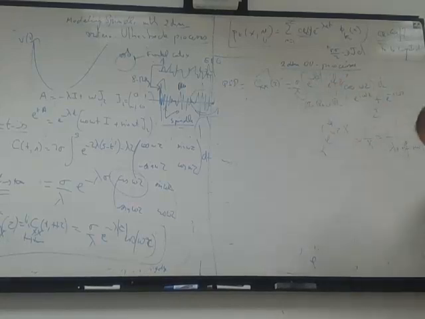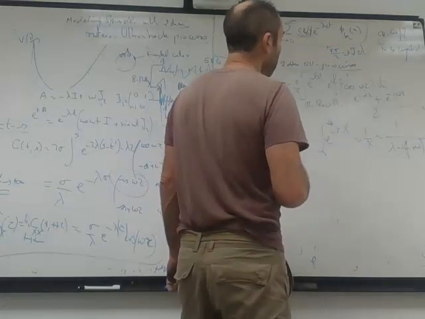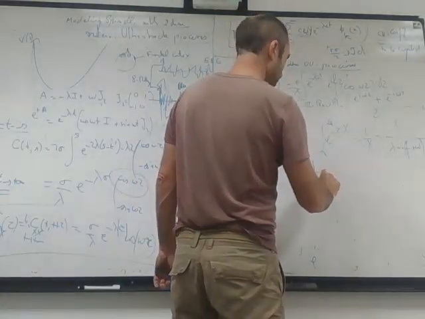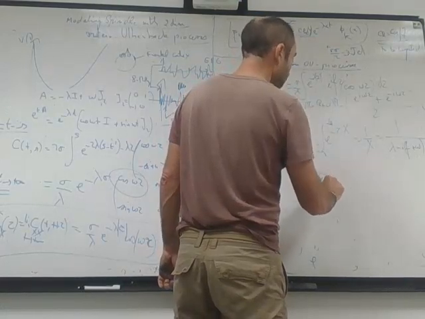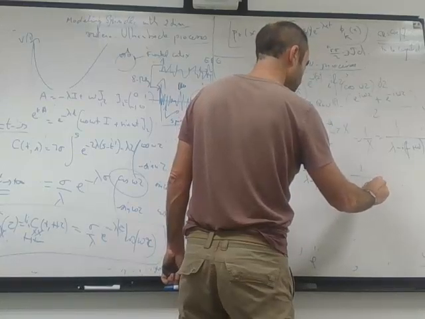You agree with this, or did I make a mistake? I take the first one, i f tau is f plus omega, and then I have a minus. I can do the same with this. So I have a sum of the two, lambda minus i (f plus omega), and the same way, 1 over lambda minus i (f minus omega), plus sigma divided by lambda.